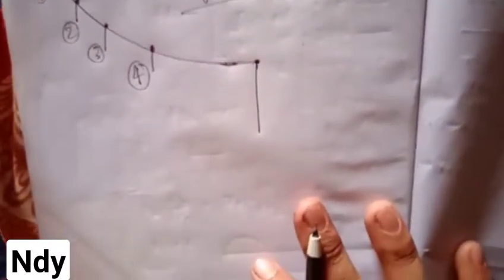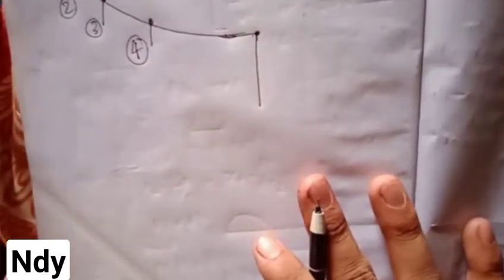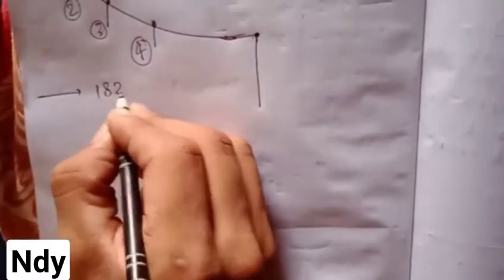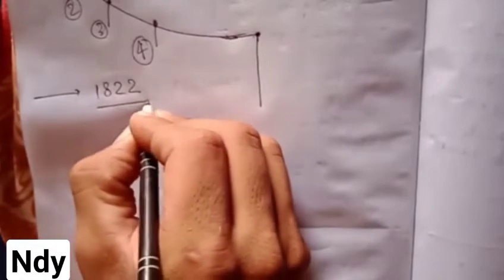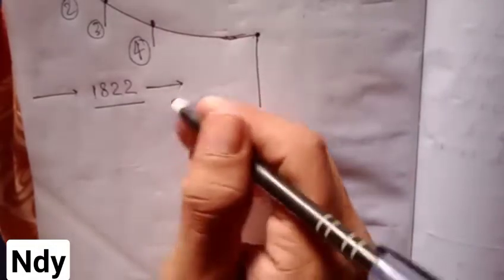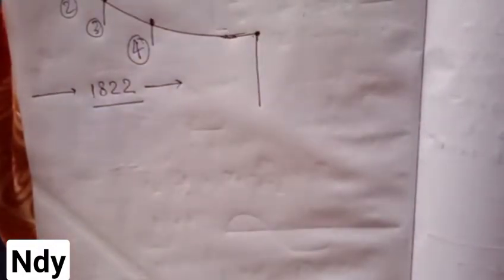And if we go further, there are lots of people who came, and in 1822, Fourier came with his book The Analytic Theory of Heat, in which he gave a differential equation known as the Fourier heat equation.